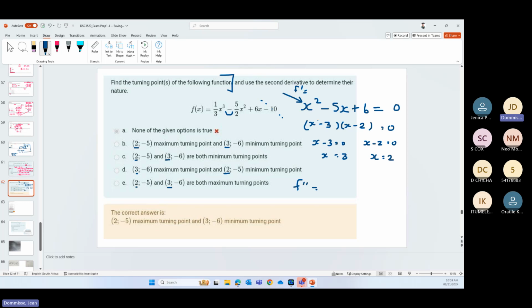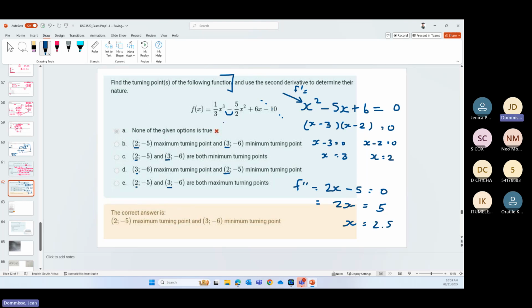We follow the same process: the 2 goes to the front, 2x, then minus 5 is equal to 0. If we work that out, 2x is equal to 5, so x is equal to 2.5. So what does that help us with at all?